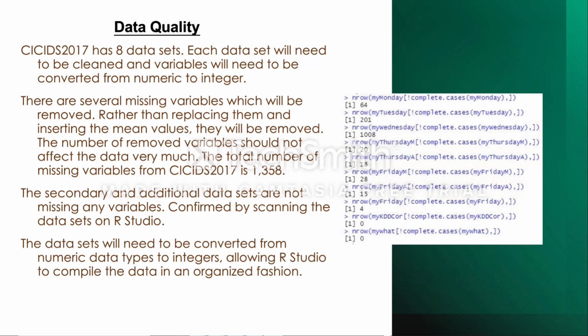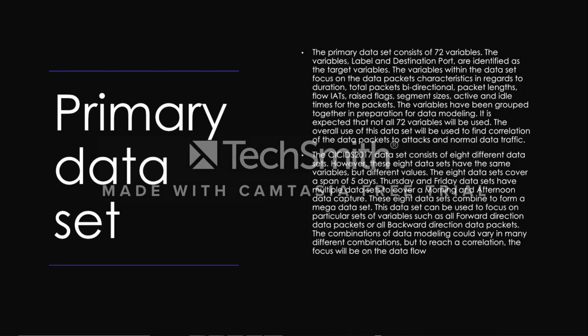The first dataset has a total of 1,358 missing variables. The second and third datasets do not have any missing variables at all. The primary dataset has 72 variables with 8 different individual datasets within it. However, there are the same variables but with different values.